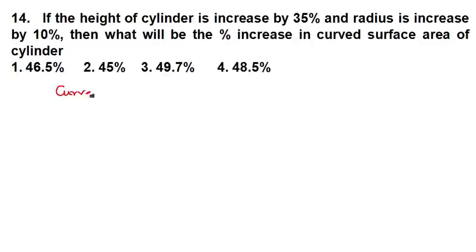Curved surface area of cylinder, its formula is 2 pi RH. Okay, just note down all this in your paper. 2 pi RH. So I have already told you that you don't have to write this numerical number or pi. Just write RH.